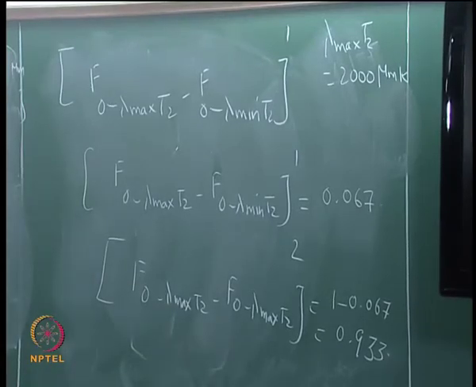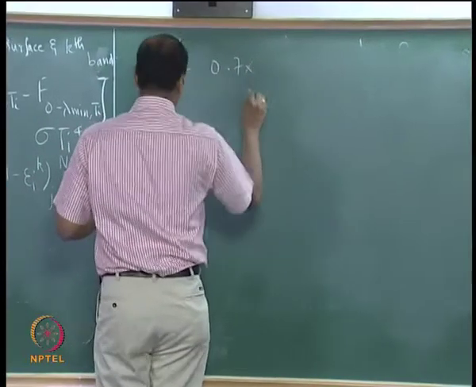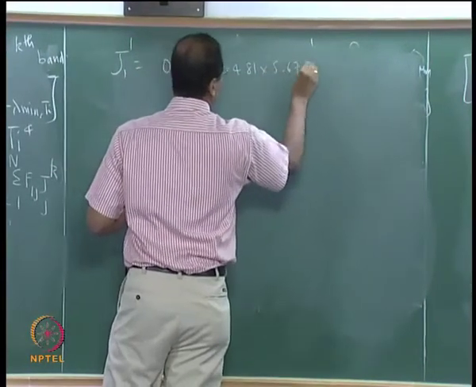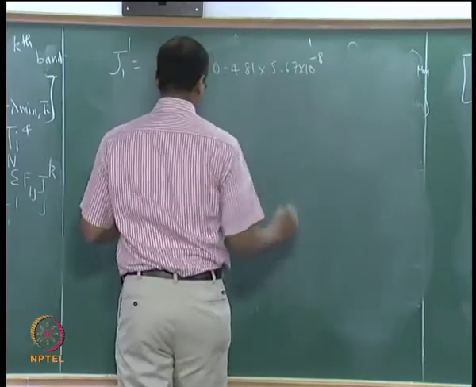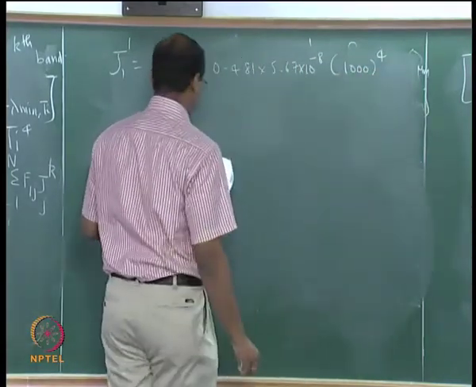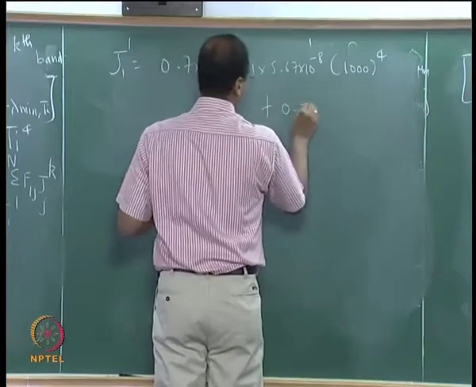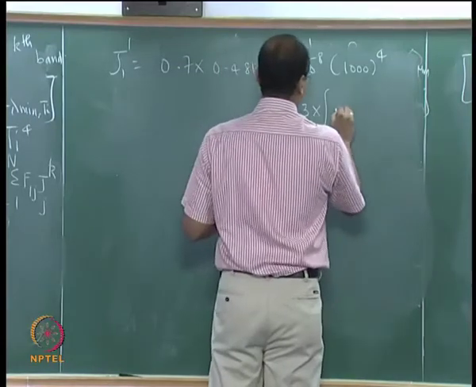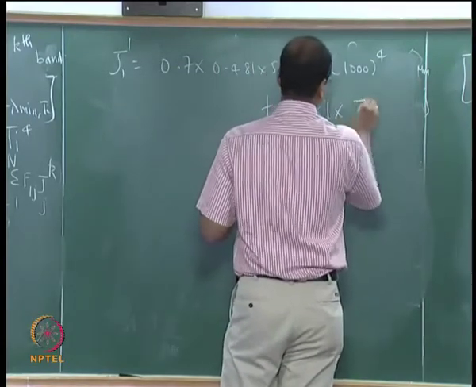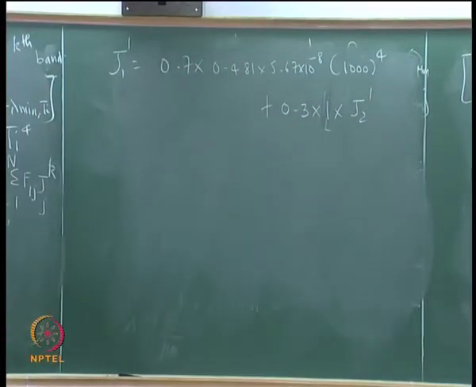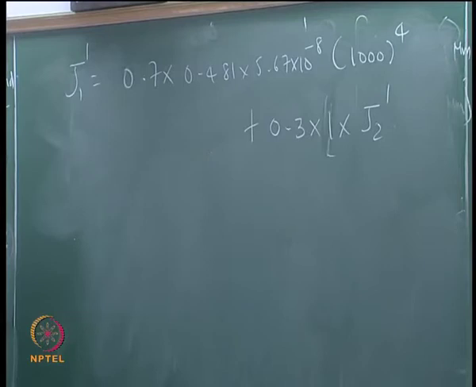So J11, 0.7 to 0.48 to 5.67 10 to the minus 8 to 1000 to the power of, 0.3 into view factor. Is that correct? F11 J1 plus F12 J2.